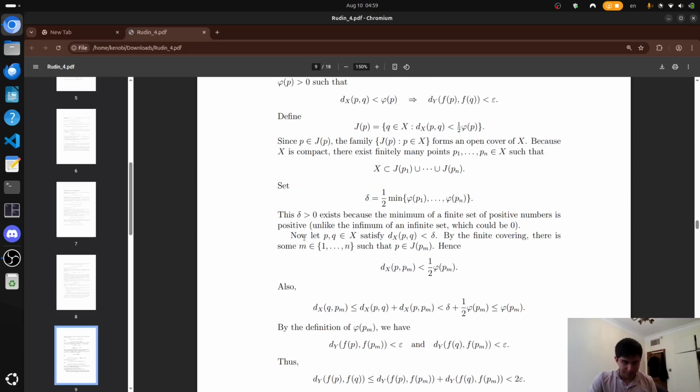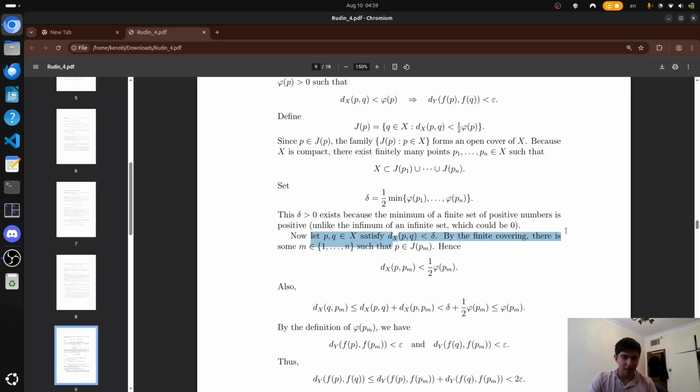So now let p, q in X satisfy d_X(p, q) less than delta. And we know that this delta greater than 0 exists because the minimum of a finite set of positive numbers is positive.